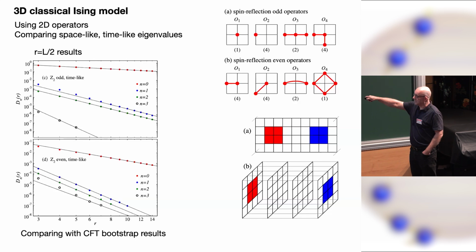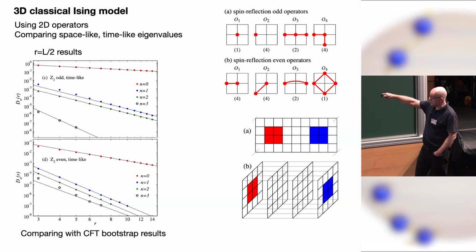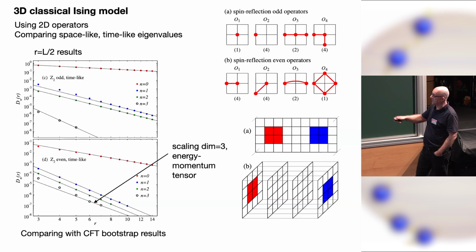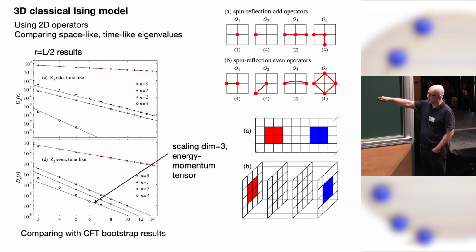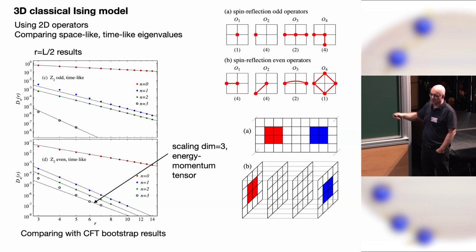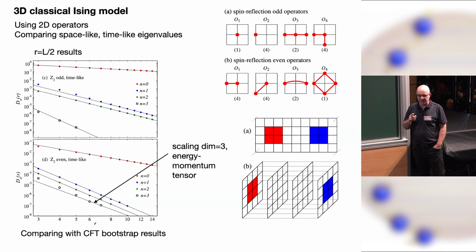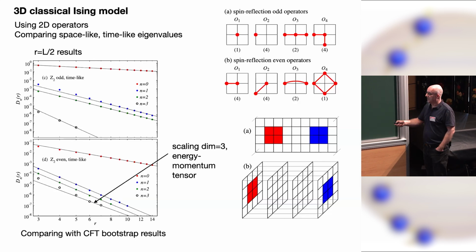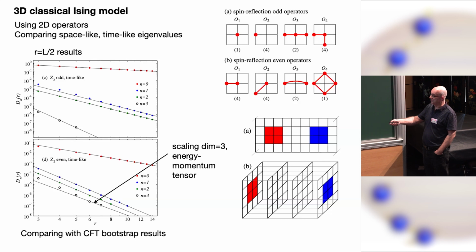But here it's interesting, if I look at the Z2 even one, I get something which is actually consistent with scaling dimension 3. It's not super convincing maybe, but you should expect this, because the energy momentum tensor has L equals 2, and I should have an L equals 2 here, and the scaling dimension should be 3.